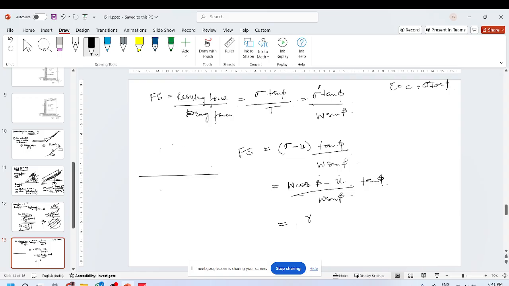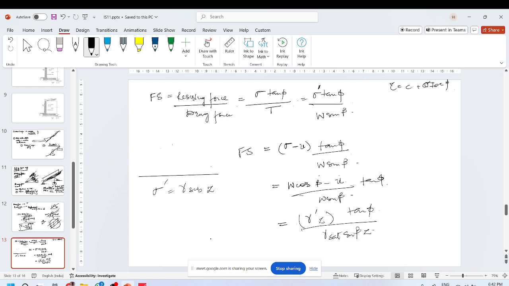If there is a water table, then sigma dash will be based on gamma submerged. Okay, and in the bottom you will have gamma saturated only. We'll have gamma submerged, you don't need minus u now, tan phi.